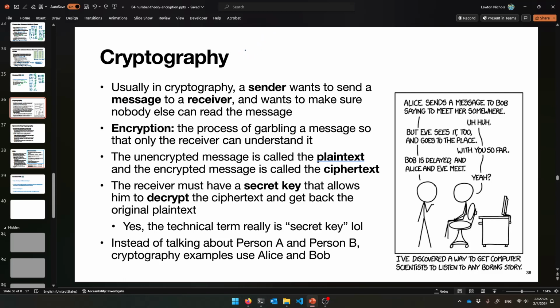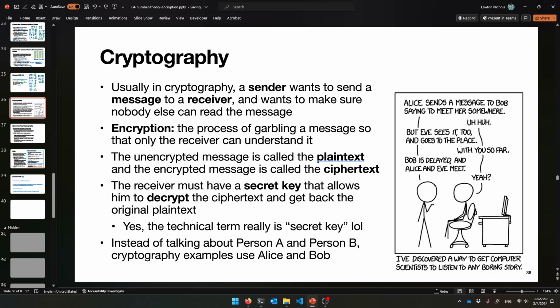We'll get to that. But yeah, the goal is that the sender only wants the receiver to be able to read the message. All right, nobody else who could possibly listen in or like secretly look under a microscope into the message. Even whatever they do, they still can't figure it out. That's the point of cryptography. They're not supposed to be able to figure out the message at all.